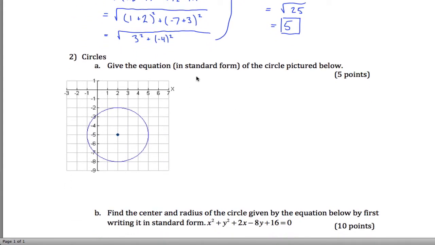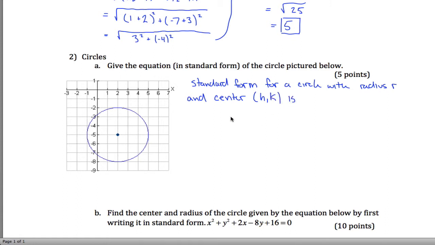All right. Give the equation in standard form of the circle pictured below. All right, so standard form. If your radius equals r, how about the standard form for a circle with radius r and center h, k is x minus h squared plus y minus k squared is equal to r squared.